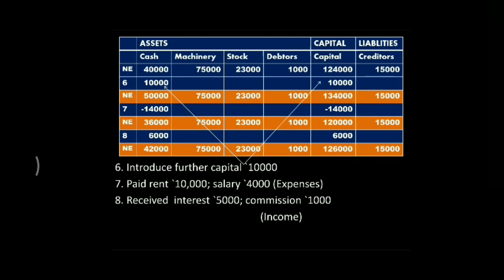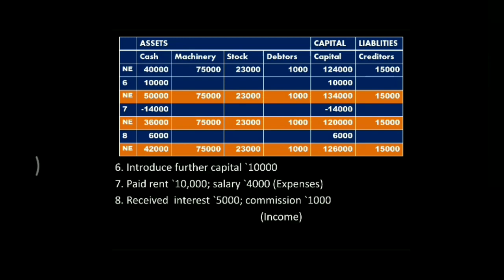If nothing is specified about the form, we'll assume capital is introduced in the form of cash. So after this, the new equation: cash 50,000, machinery 75,000, stock 23,000, debtors 1,000, capital now increased to 1,34,000 and creditors 15,000.